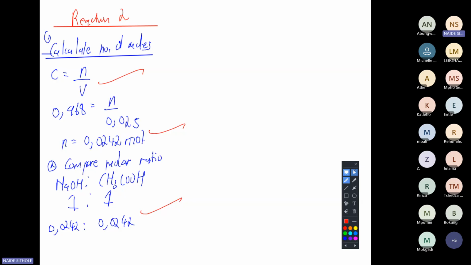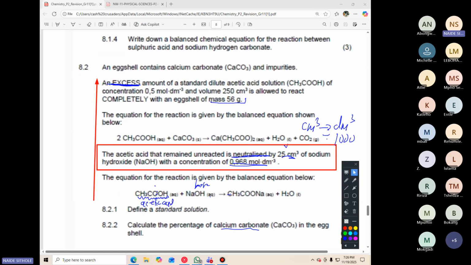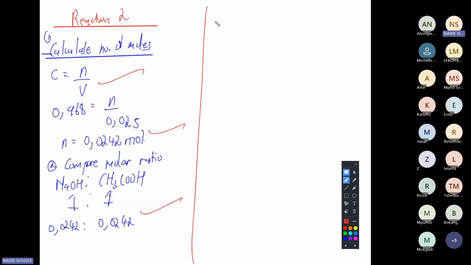We can say, an excess amount of standard dilute acetic acid has a concentration of 0.5 mole and 250 centimeter cube. Now, let's note this one is in excess. So, let's calculate the number of moles in excess.